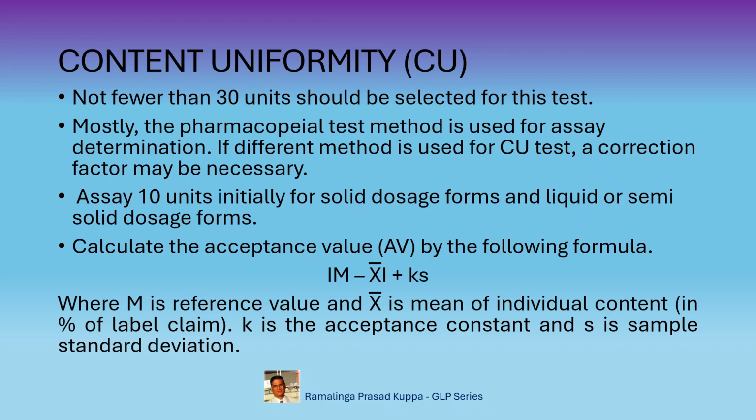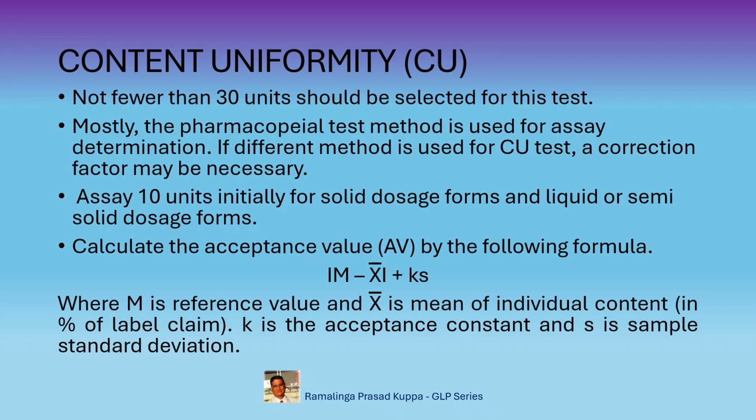That means the acceptance value AV will be equal to the product of k and s. If X bar is less than 98.5, the value of X bar is subtracted from 98.5 and the resultant value will be added to the product of k and s. If X bar is more than 101.5, the acceptance value is X bar minus 101.5 and the resultant value is added to the product of k and s.